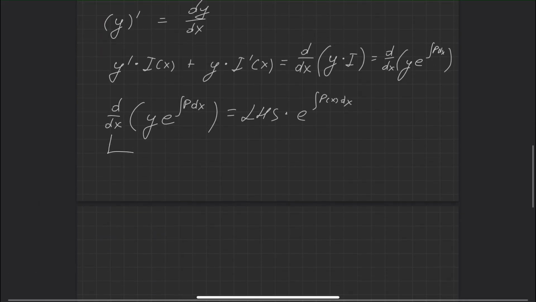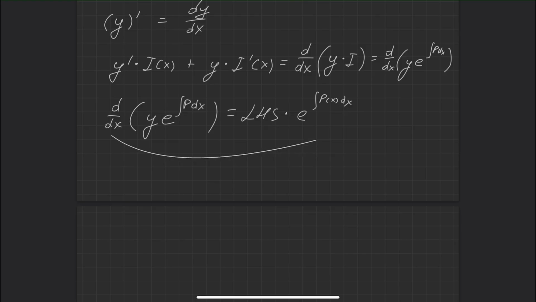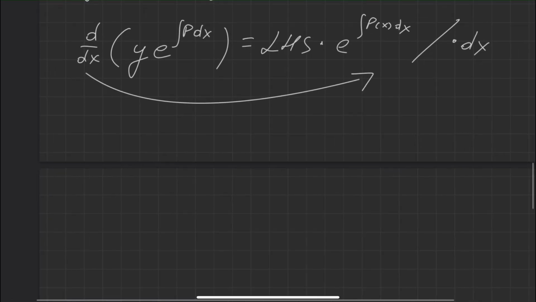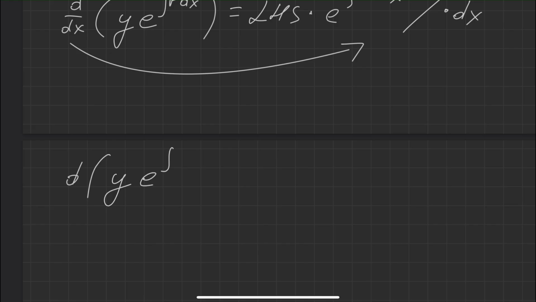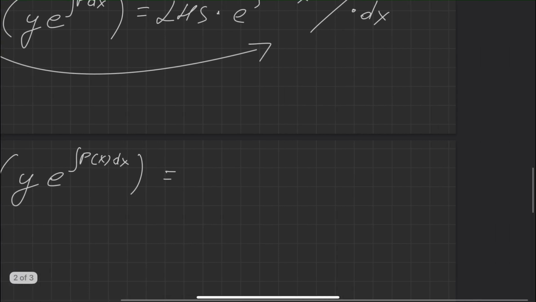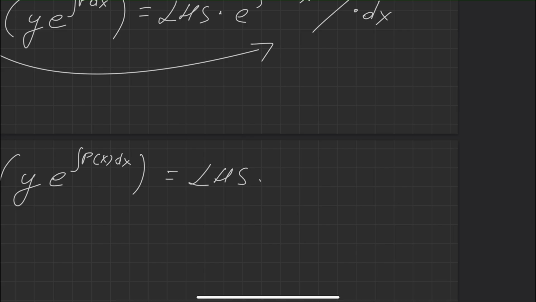So what we will show is that we can move this dx to the other side by both-side multiplication, and from now on we are left with the differential of y e to the power of this integrating factor, integral p of x dx, equals the right-hand side times e to the power of this integral, dx, and then we will be able to integrate both sides.